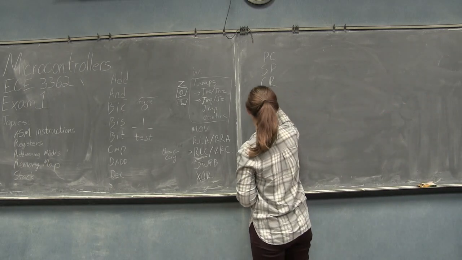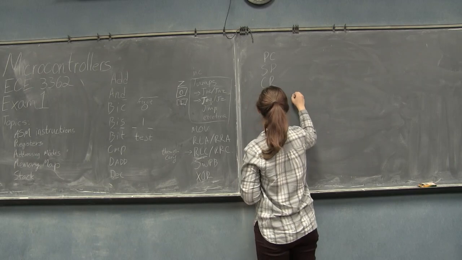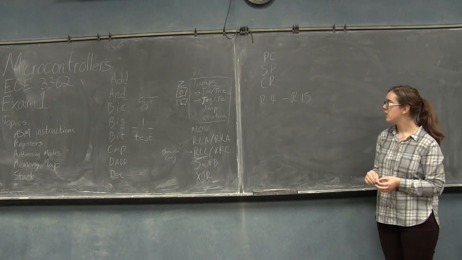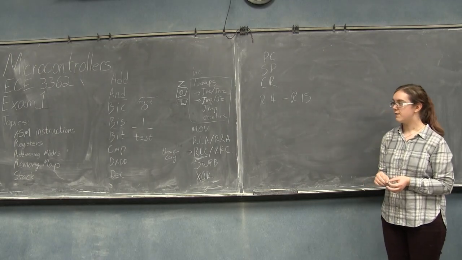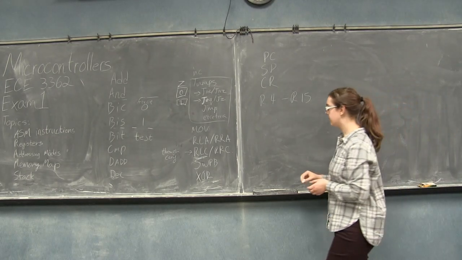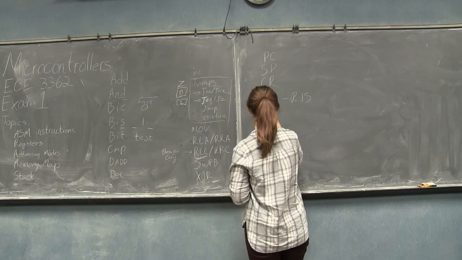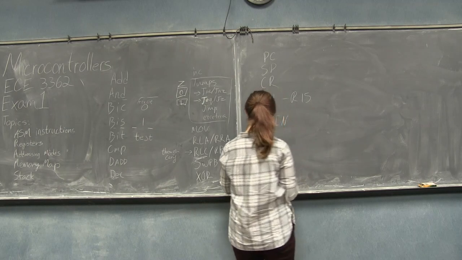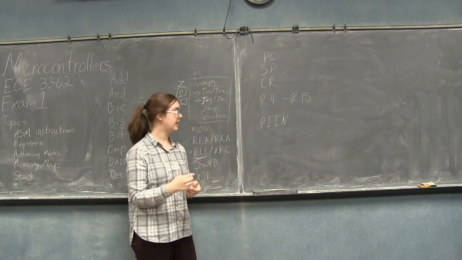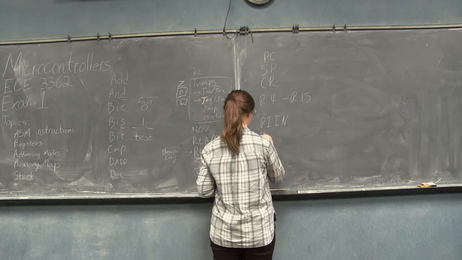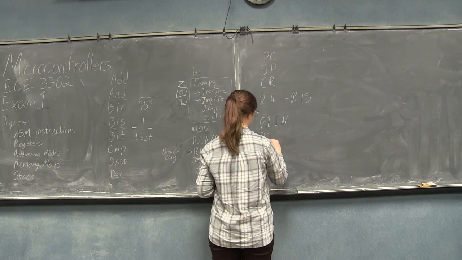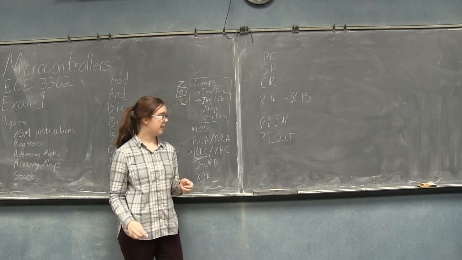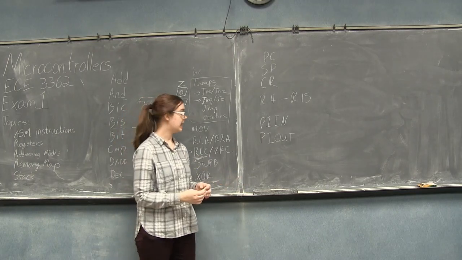And then of course you have your general registers, R4 through R15, your general use registers, and those are ones that you can use. There's plenty of other registers, like I talked about, port 1 input, which is a register that reads in data from port 1, and port 1 out, which is data that you can write out to the outside world.